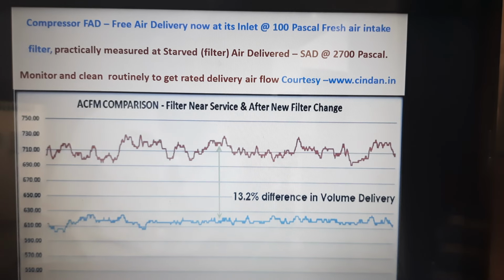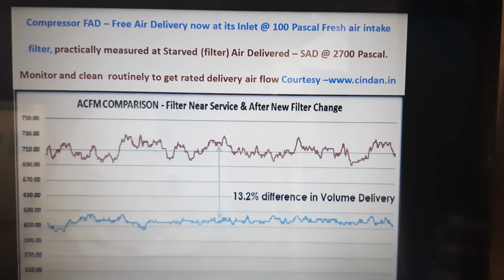Coming to the compressor FAD, free air delivery, this is a case study. In fact, this case is seen in each and every compressor. With the air intake filter at 100 Pascal, a 110 kilowatt compressor gives almost 720 CFM, the rated flow.